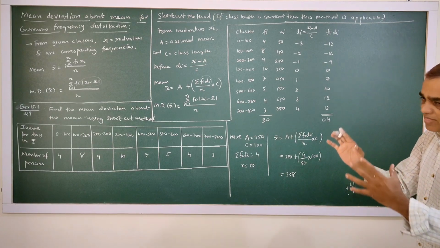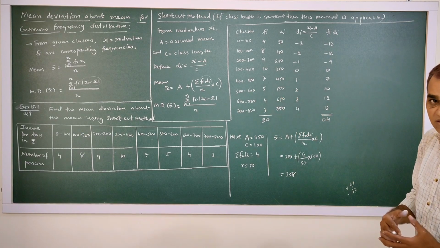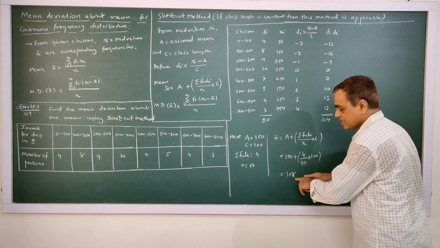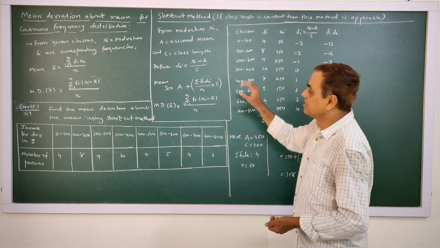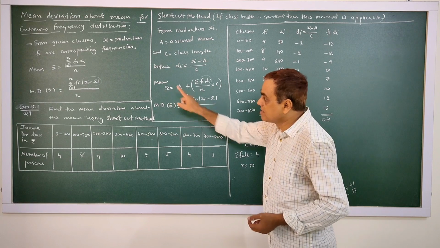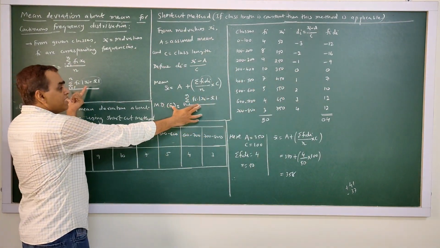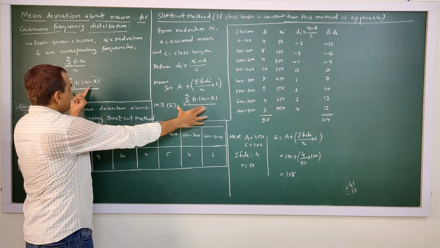So the difference between the shortcut method and the previous method is only in the calculation of mean. Now after getting mean and deviation, the work for mean deviation will be the same.